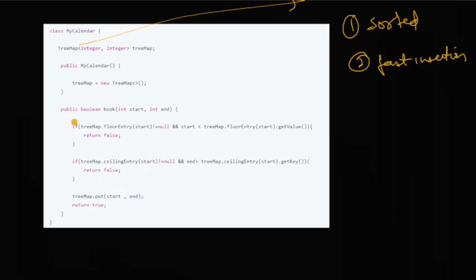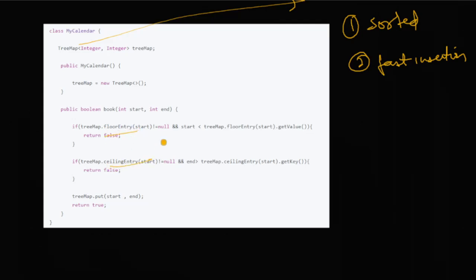Now with the tree map, we'll check for the keys, the starting of each interval, that is, we have start and end. We'll check the previous one, whatever we are getting, the start and end should be less, and similarly for the next one it would be the same. So as you can see, we are checking for the floor entry and the ceiling entry, right?